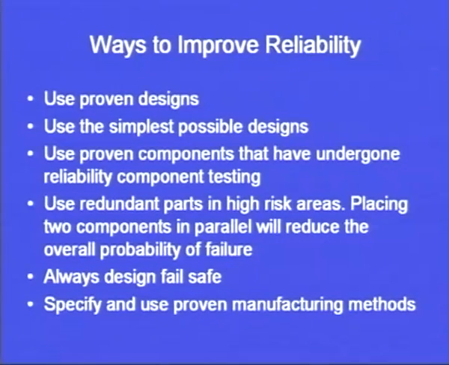Fourth point is use redundant parts in high risk areas. Placing two components in parallel will reduce the overall probability of failure. Taking an example, we have a direct electricity or power connection in our house, our laboratory, our department or our institute.